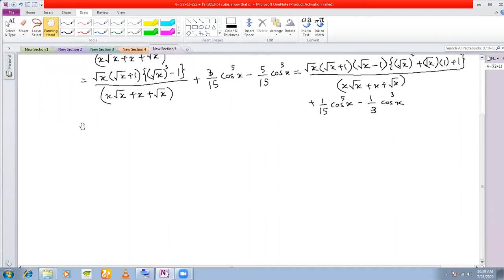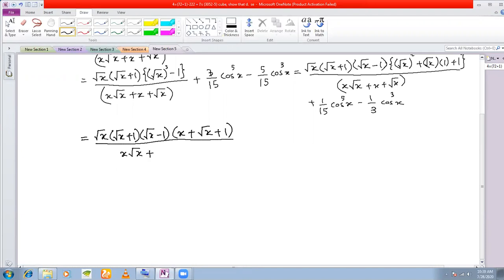So you have, this is equal to root x into root x plus 1 into root x minus 1 into x plus root x plus 1, divided by x root x plus x plus root x, and this would remain as it is, 1 by 5 cos to the power of 5x minus 1/3 cos cube x.